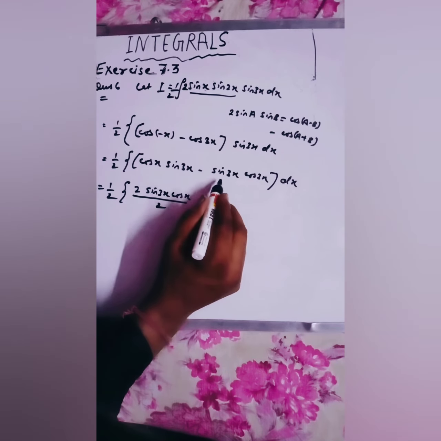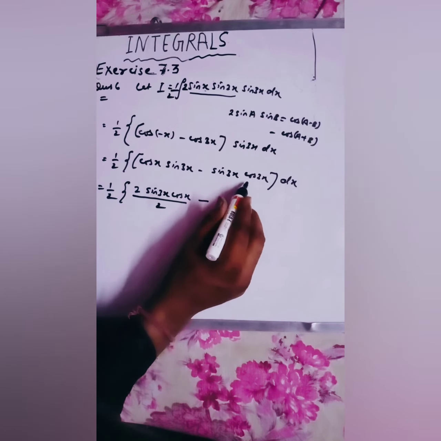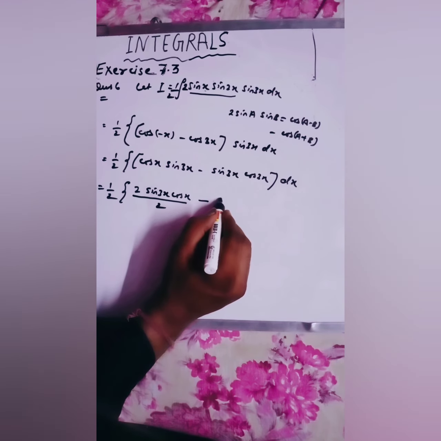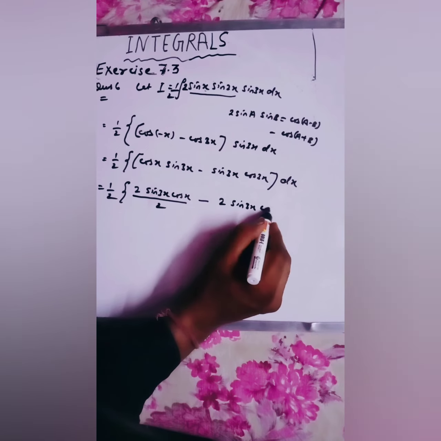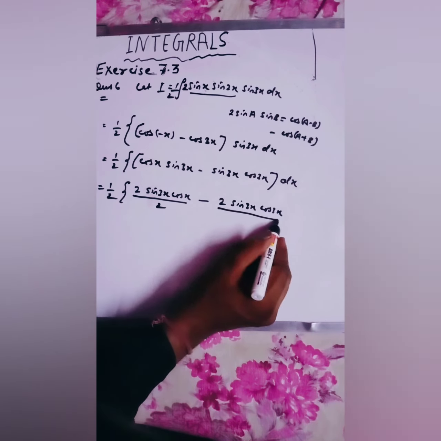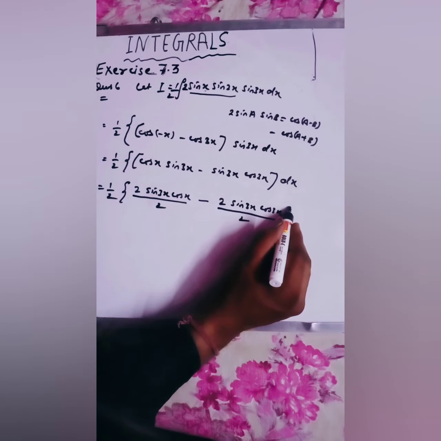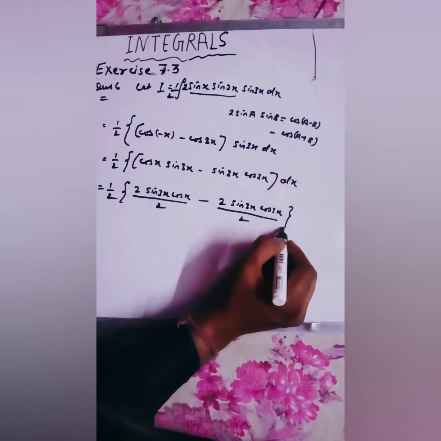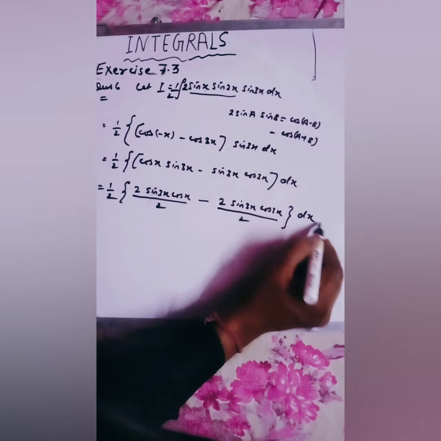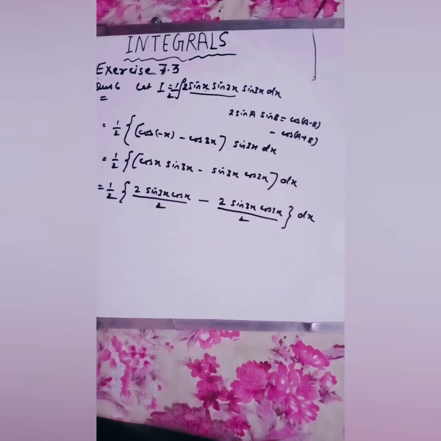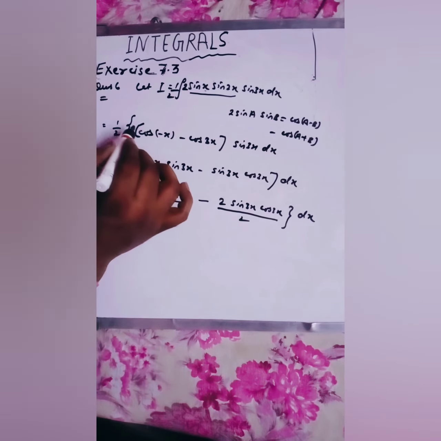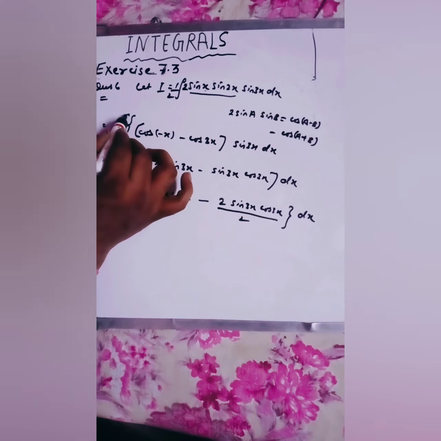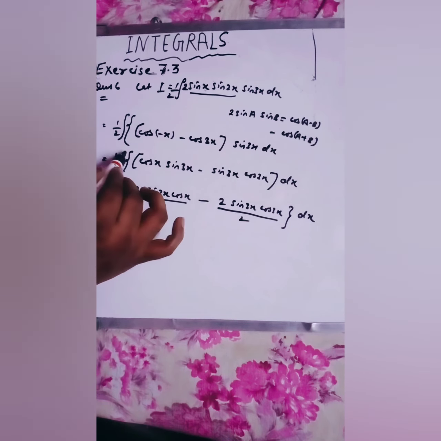Then minus, in this part again you have to multiply by 2 and divide this by 2. The bracket will be closed into dx. As you can see, the integral sign we are not using here, so you have to write the integral sign also.